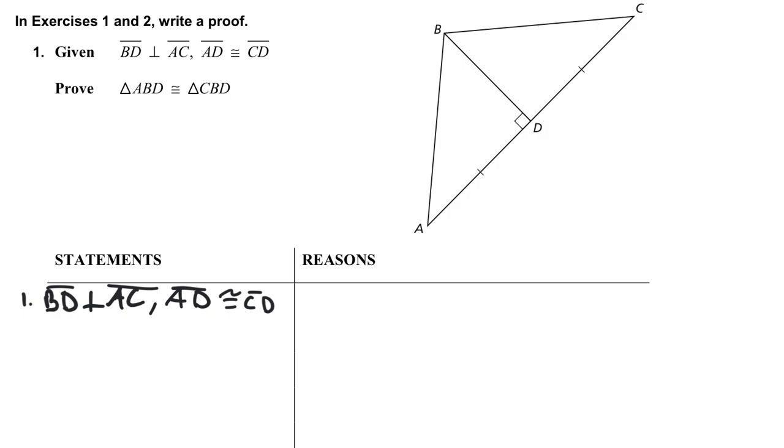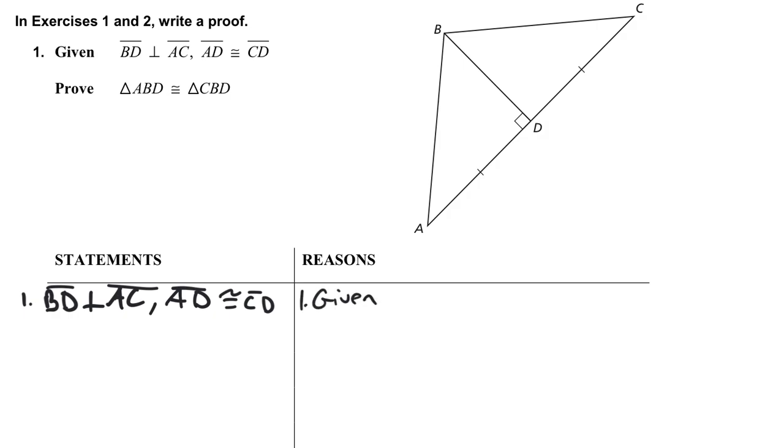So based on what I have to show a side, an angle, and a side. Right now I have a side. I sort of have an angle. I know when two lines are perpendicular, these are both right angles, but right angles don't mean that they're congruent. So what I would have to do is, on the second line here, oh, this was a given.